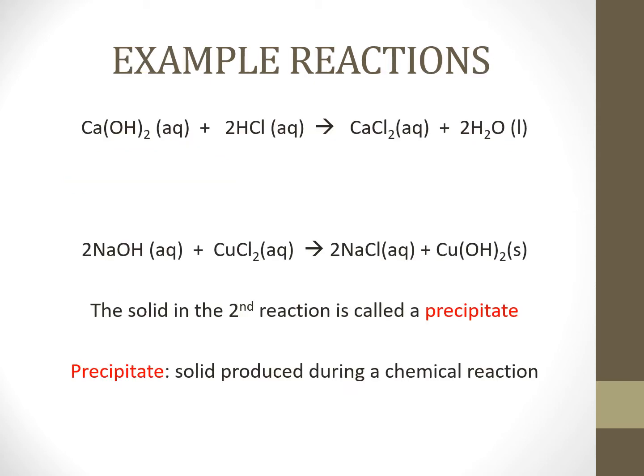So here are some examples. We have calcium hydroxide plus 2HCl yields CaCl2 plus 2H2O. So here, if it doesn't seem obvious what happened, I'm just going to rewrite it out. You don't have to worry about the aq or the liquid or anything. We'll talk about that later.